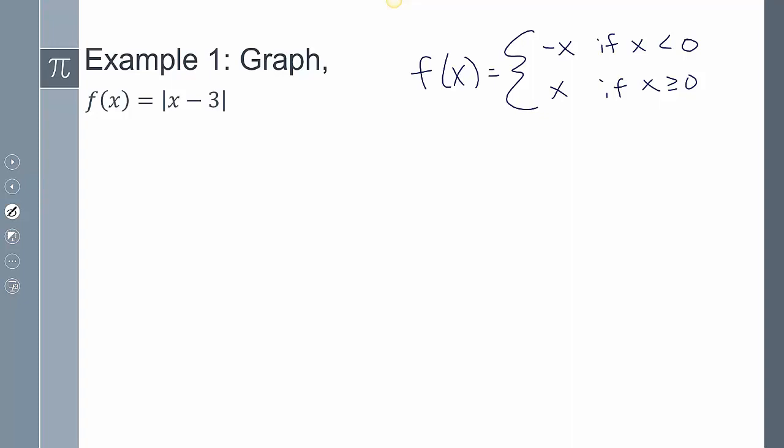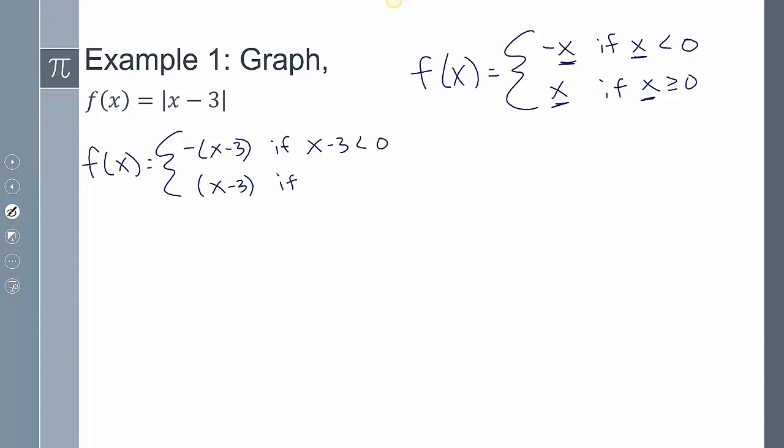And these pieces are referring to what's inside the absolute value. So translating this, it's negative what's inside the absolute value if what's inside the absolute value is less than 0, and then what's inside the absolute value if what's inside the absolute value is greater than or equal to 0.